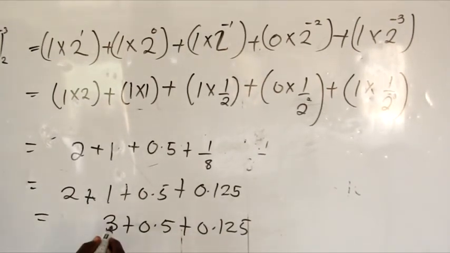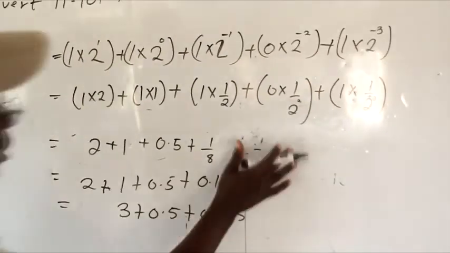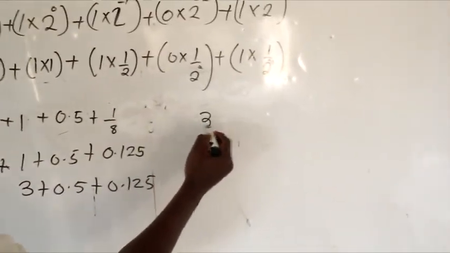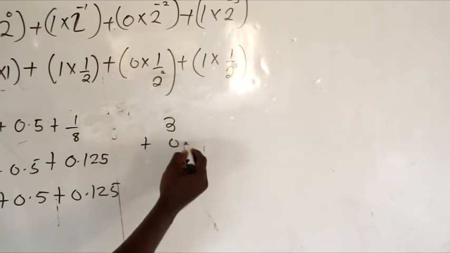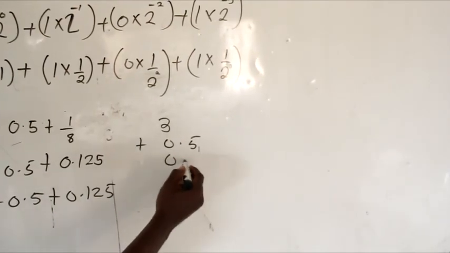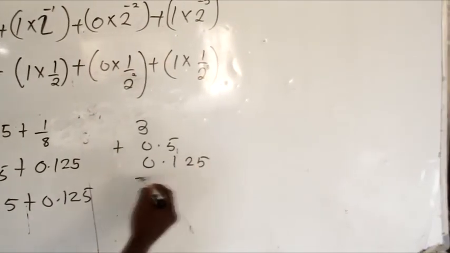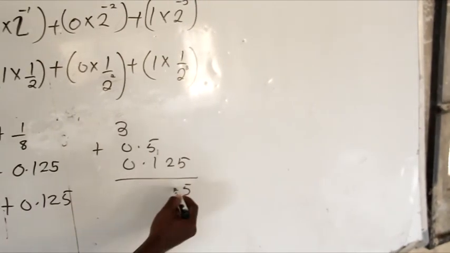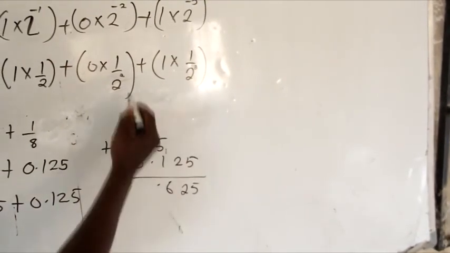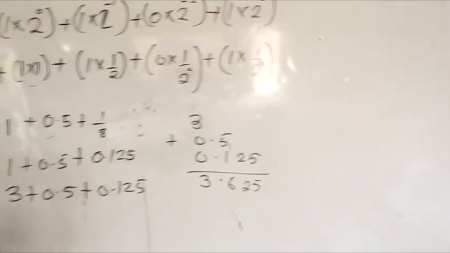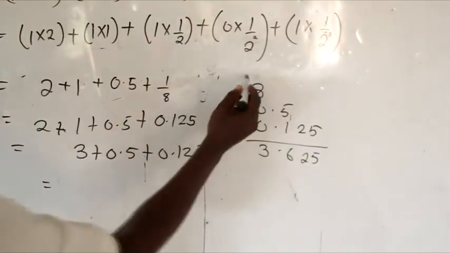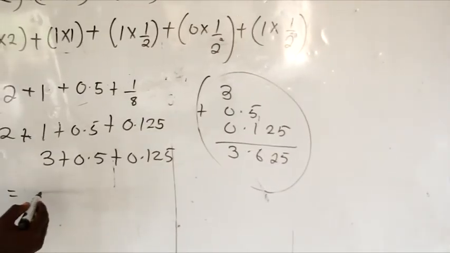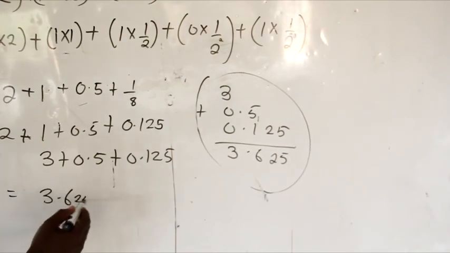Let's add it: 3, 0.5, 0.125. This is 5, this is 2, this is 6, and this is 3. So our final result is 3.625.